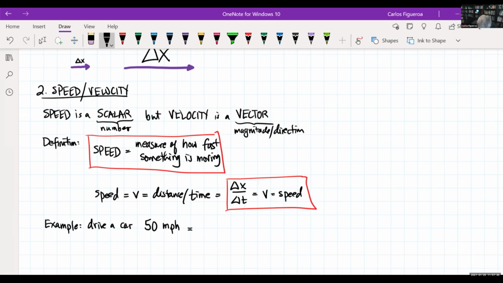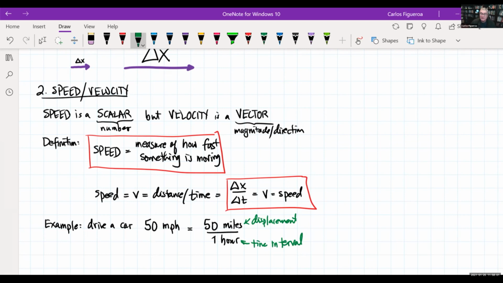It means that you drove 50 miles in 1 hour. So you can see clearly that's displacement, and then this is your time interval, just as you would expect.